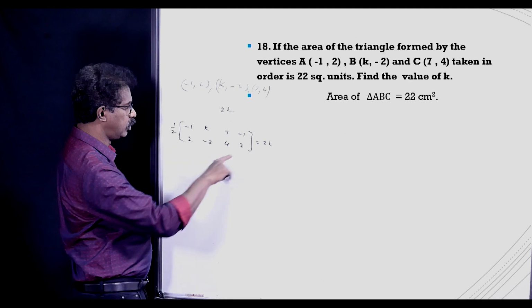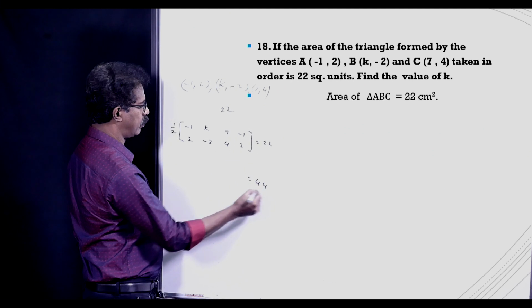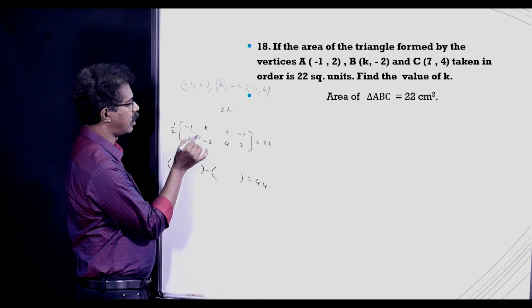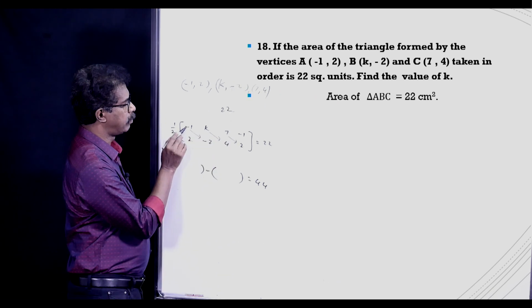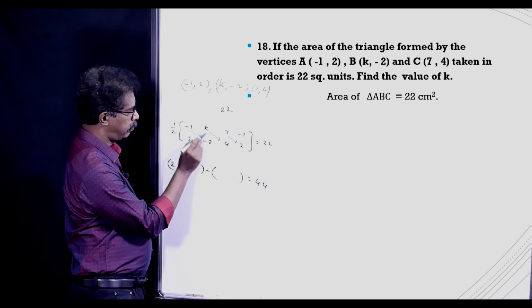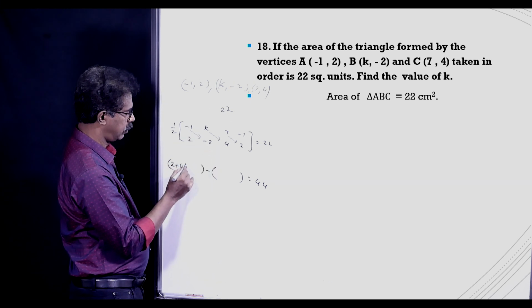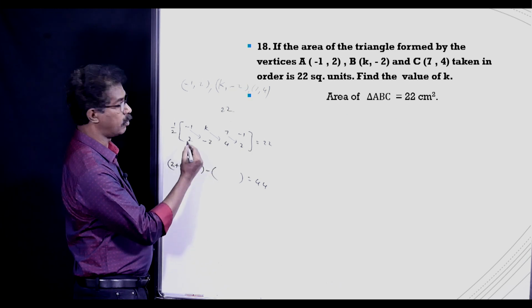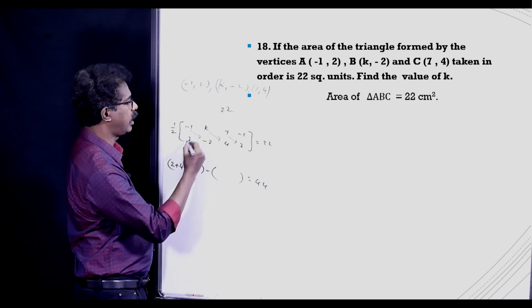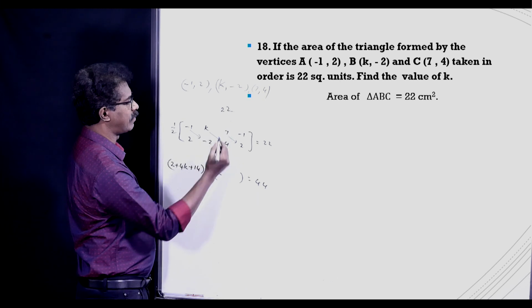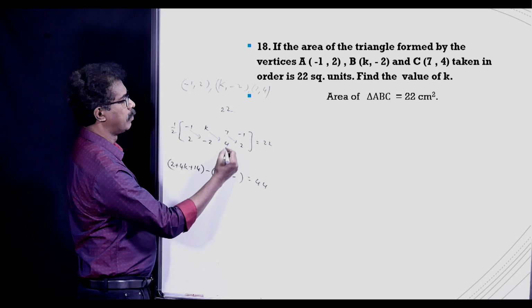Cross multiply. 2 into 22, it is 44. Here you multiply. First multiply in this order, right? Minus into minus, plus. So 2 plus 4K plus 14 minus, you multiply in the other order, right? 2K, 2 into K, 2K minus 2 into 7, minus 14, minus 4.